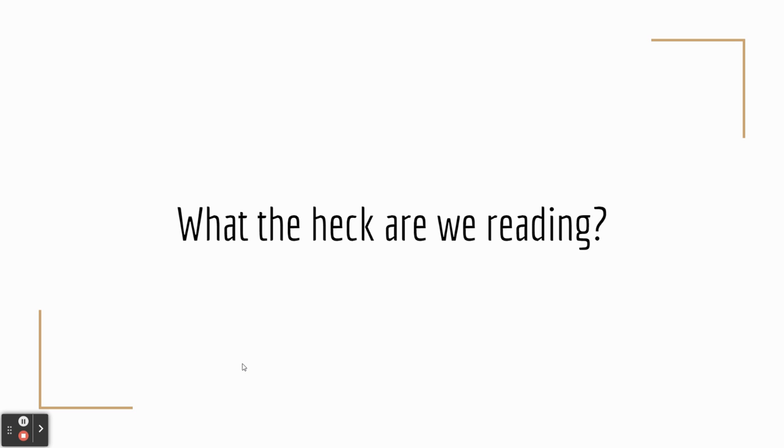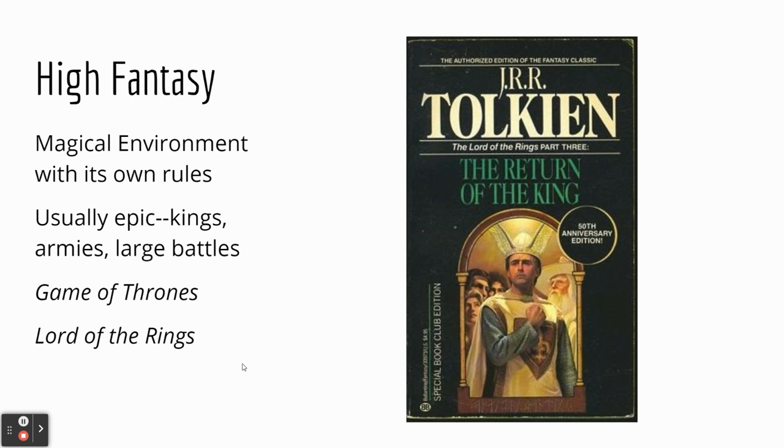And fantasies, like detective novels, can get broken up into a lot of different categories. So let's run through some of those. First of all is high fantasy. It's going to have a magical environment with its own rules. It's going to be epic.